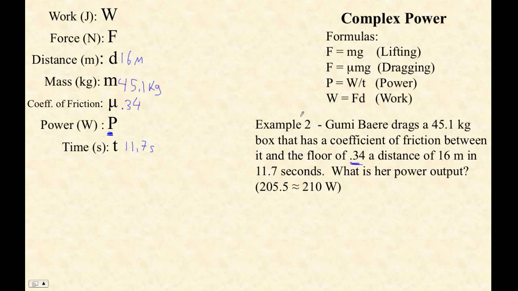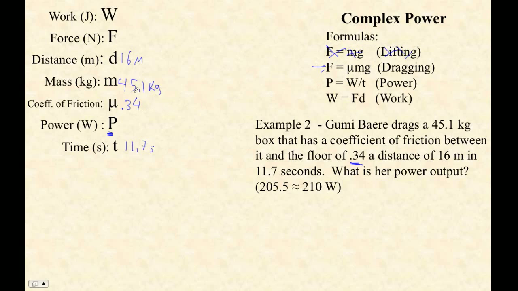Okay, and we're just looking for a formula we can use. We are dragging. We're definitely not lifting, so I think we can find the force. Force is mu times m times g.